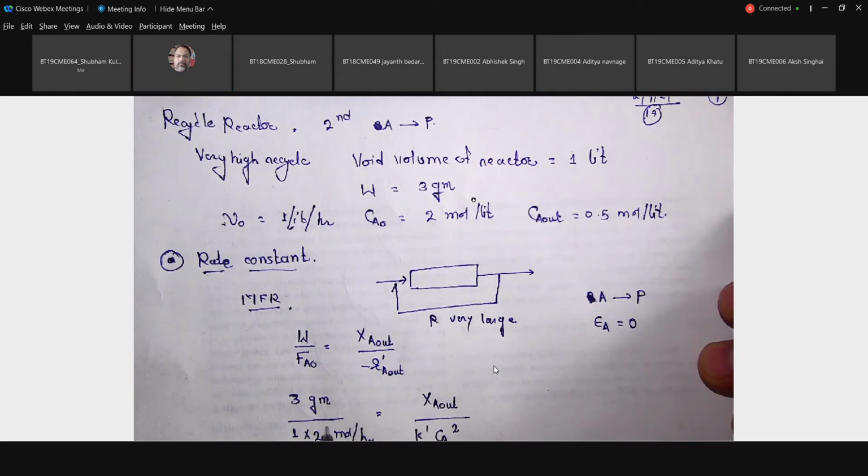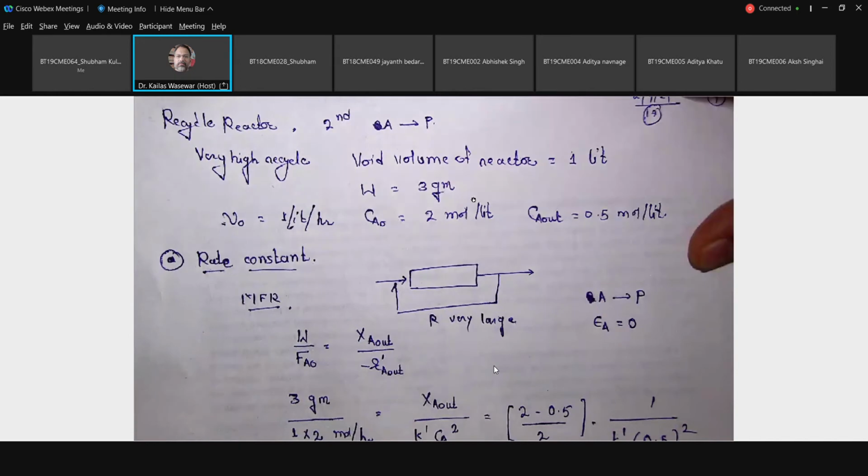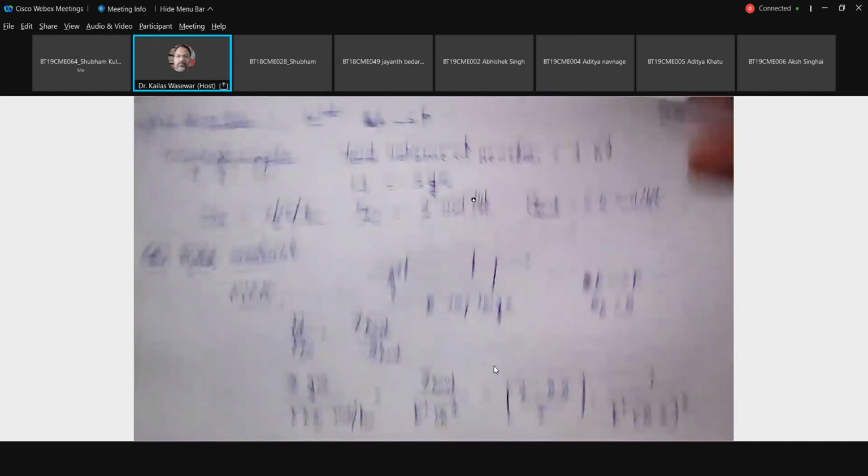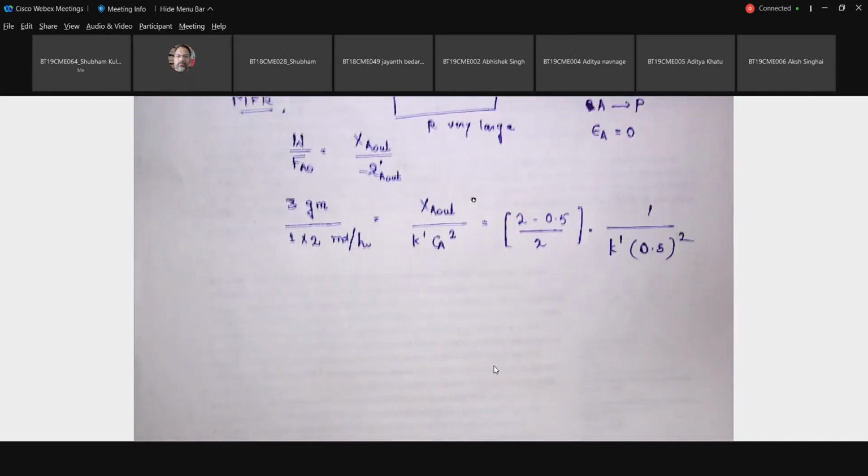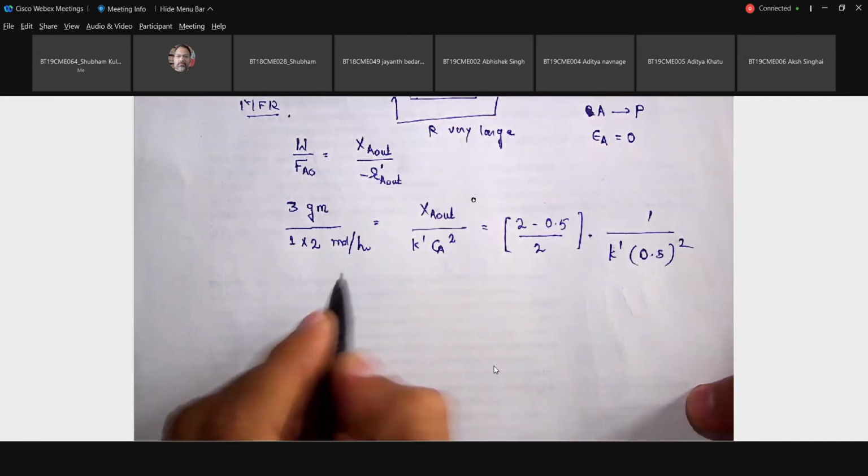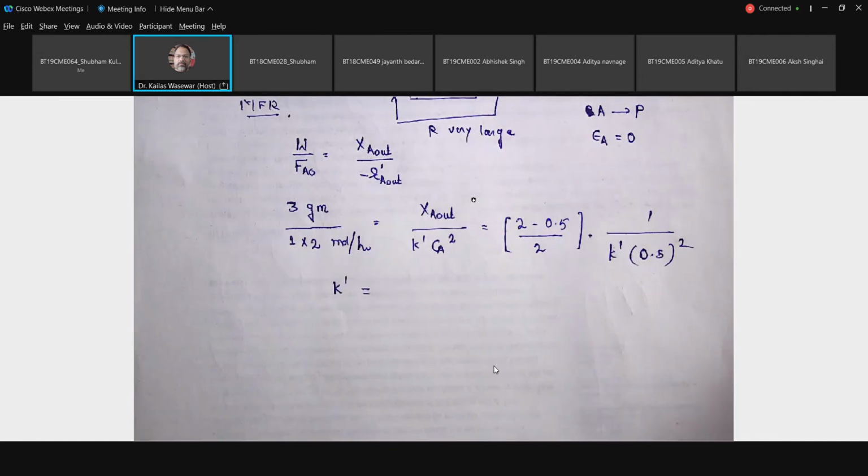Now we can substitute here XA out, that is Ca0 minus Ca out divided by Ca0, into 1 upon K Ca square, where Ca out is given as 0.5. So now you can simplify it. Let me know the value of this one.